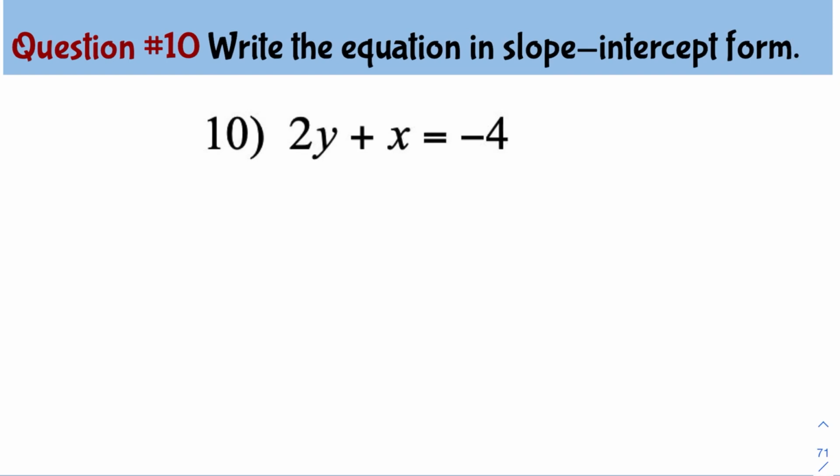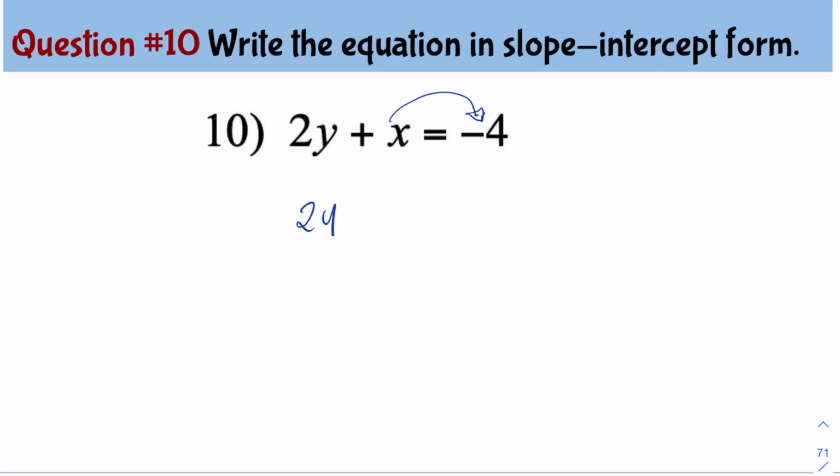Question number 10. 2y plus x is equal to negative 4. The first thing that we need to do is transfer x to the right side, or doing the inverse, which is minus x to both sides. So the new equation is 2y is equal to positive x becomes negative x, and then we copy minus 4.